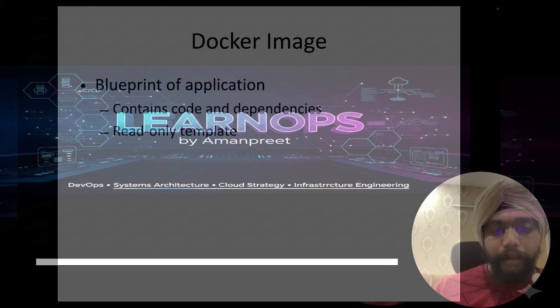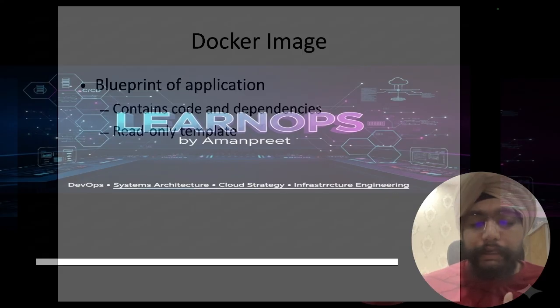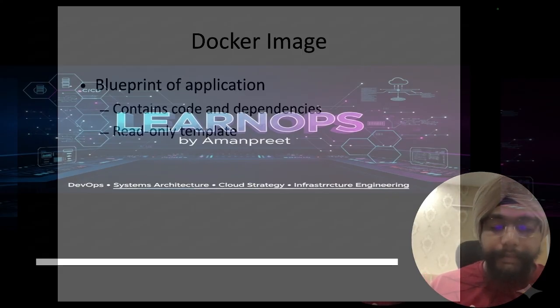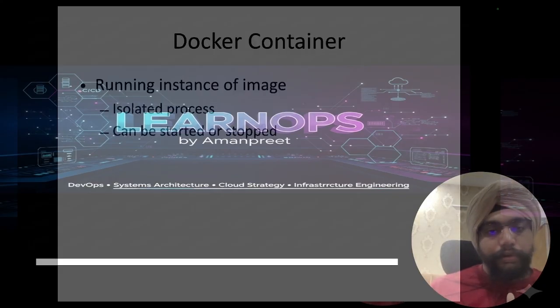It is a read-only template. Once it becomes an image, you can only read it; you cannot write to it or overwrite the image. While preparing the Dockerfile, you need to be very cautious, and that becomes your Docker image.